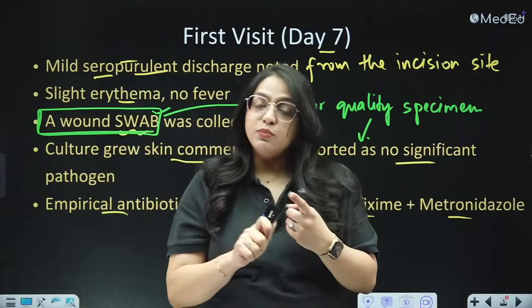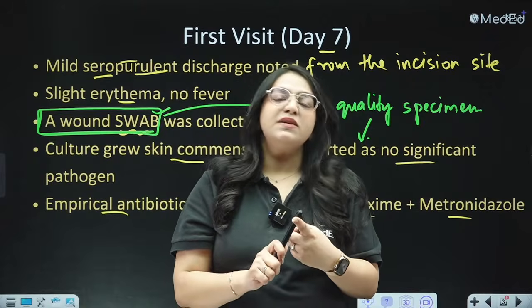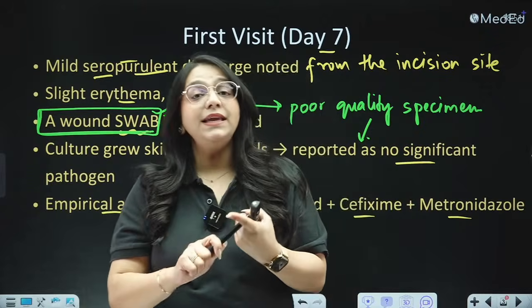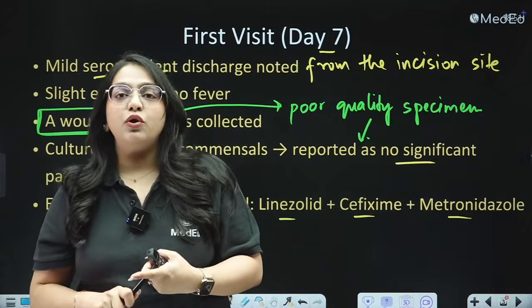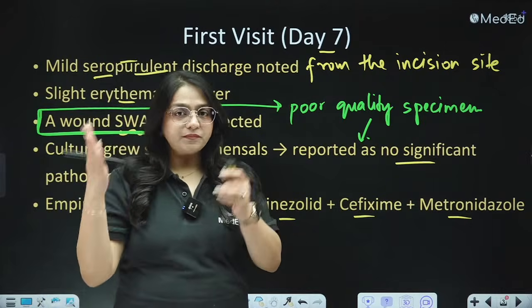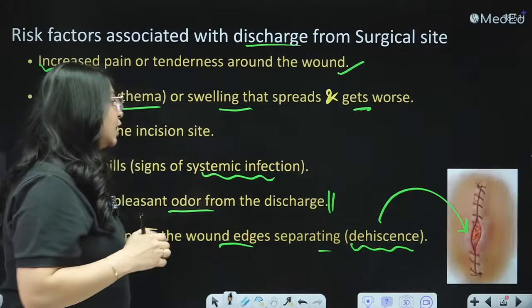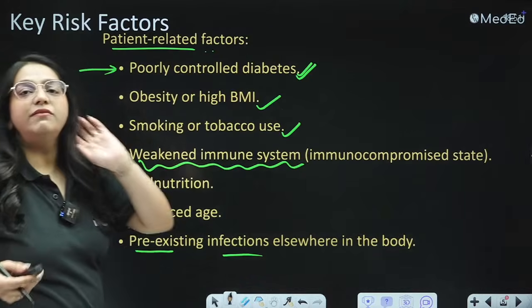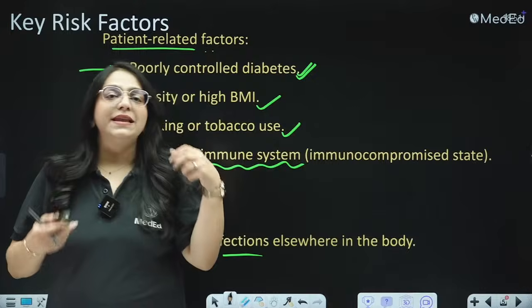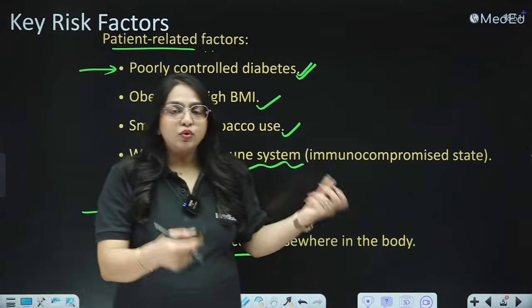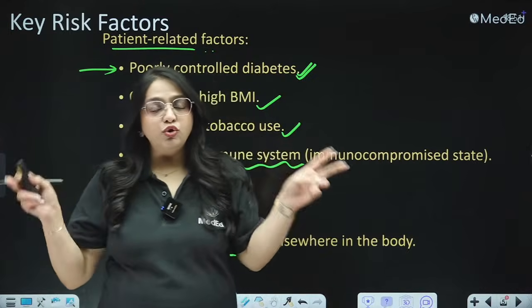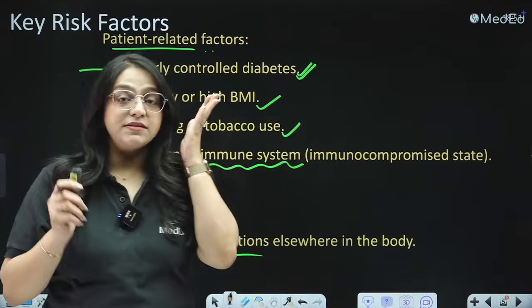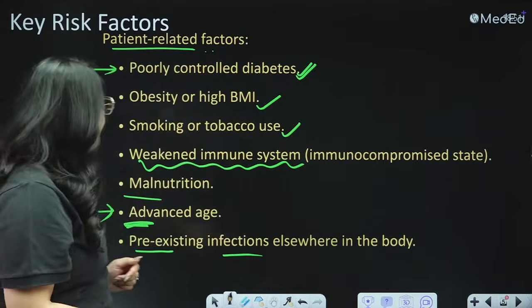Here that assessment was not done, a poor quality specimen was sent. That is why any direction to the treatment could not be given, because the sample collection technique was poor here, right? It could have been one of the factors, or probably the lab failed to grow the microorganism. So those are the two scenarios that can happen, but intervention needs to happen at some point, right?